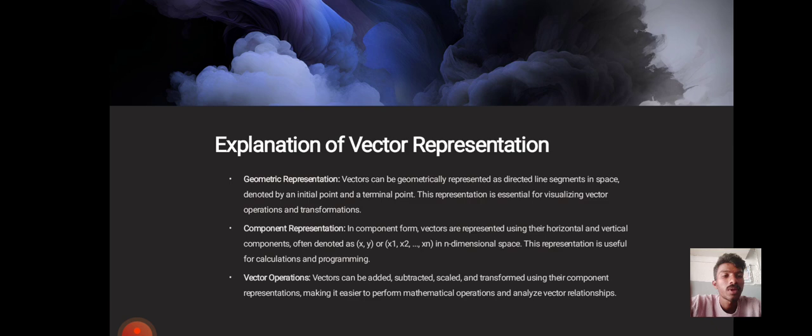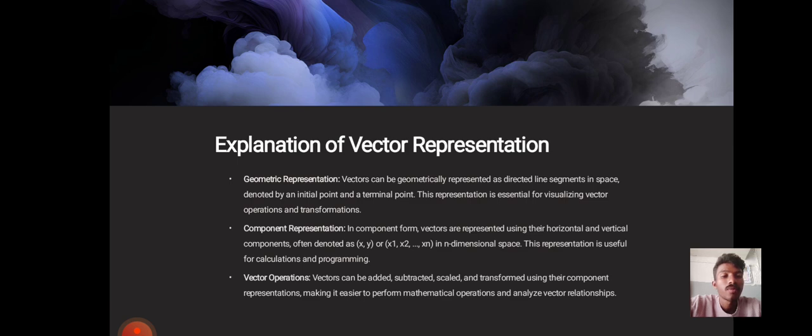Explanation of vertex representation. Geometric representation. A vertex can be geometrically represented as a directed line segment in space, denoted by an initial point and a terminal point. Component representation.